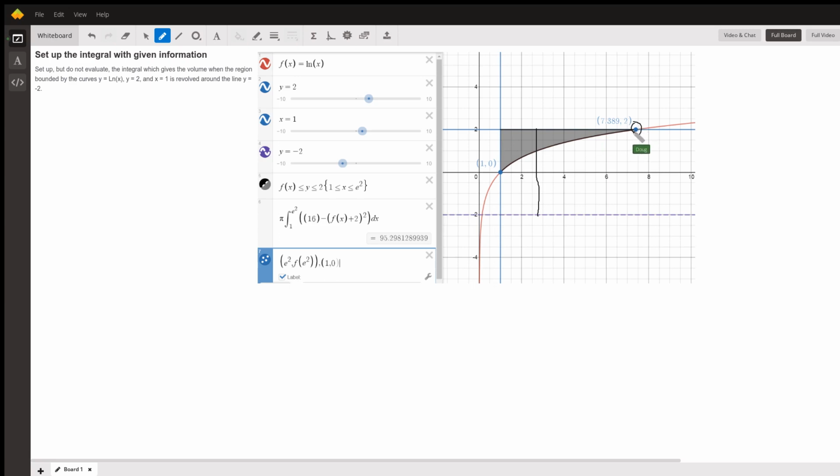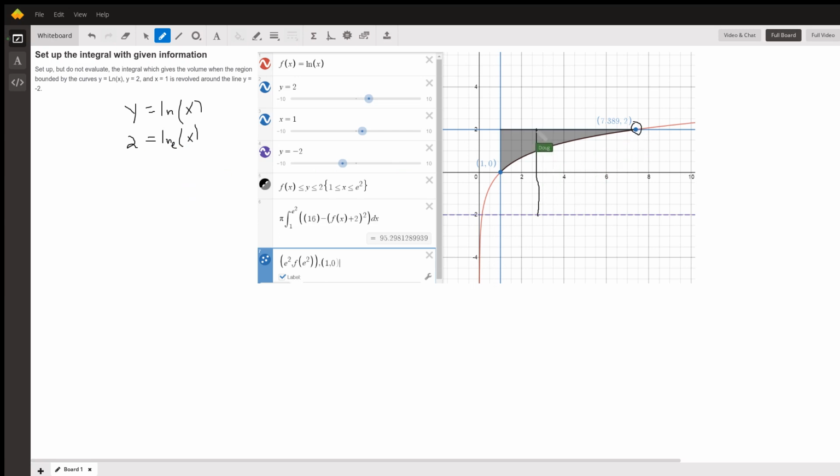Well, I know that when y equals the log of x intersects the line y equals 2, I'll put a 2 here and convert this to exponential form. e to the second power produces the x value. So that's how we got e squared for the x coordinate.